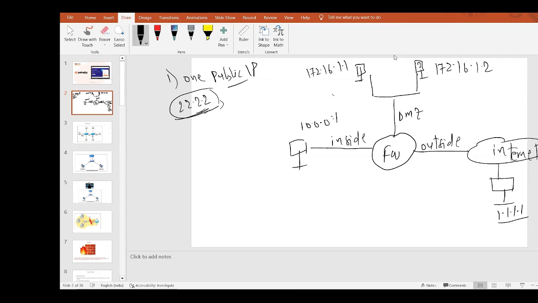The source is from the internet. So here we are working on destination NATing. The traffic should come from the public and access both of the PCs. This is the requirement: from the public it should come and access both servers, and we have only one public IP, 2.2.2.2. So how can we do that?